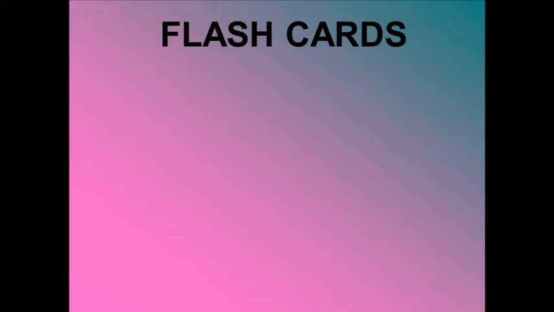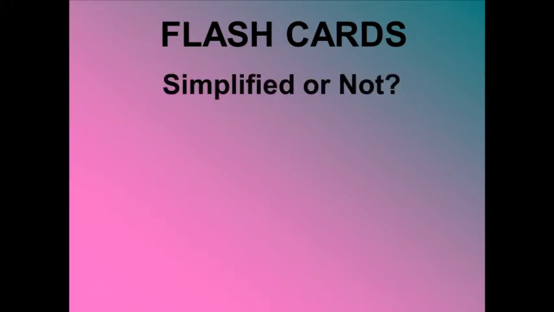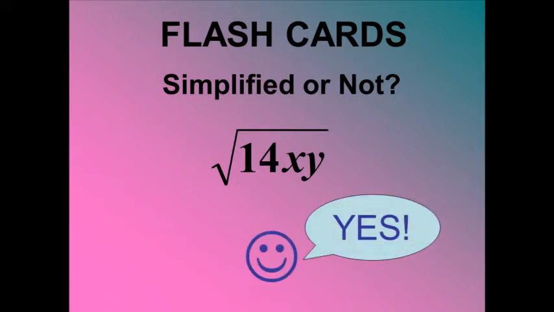Let's consider this example. Just tell me if the radical expression is in its simplest form or not. The first one, the square root of 14xy, is that in the simplified form? Yes, that is in the simplified form. Why? Because you cannot find a perfect square factor in your radicand other than 1.